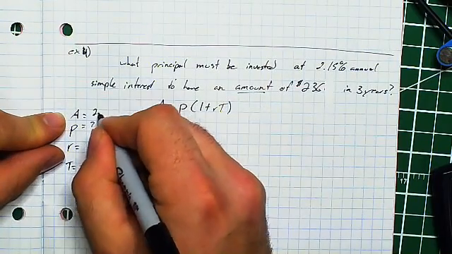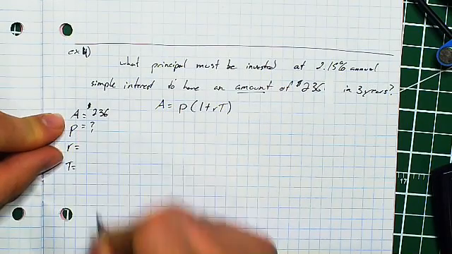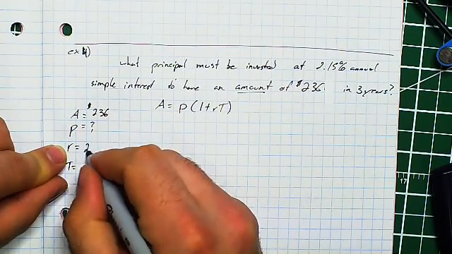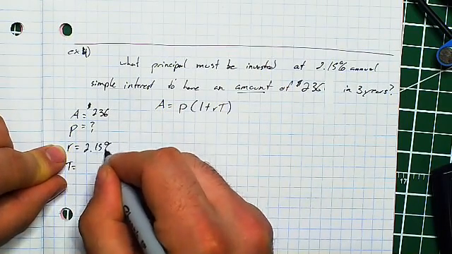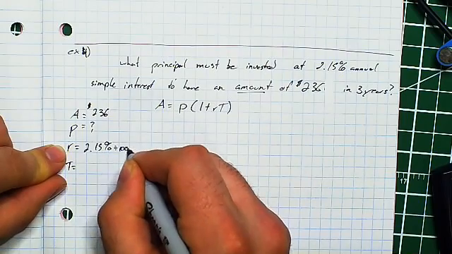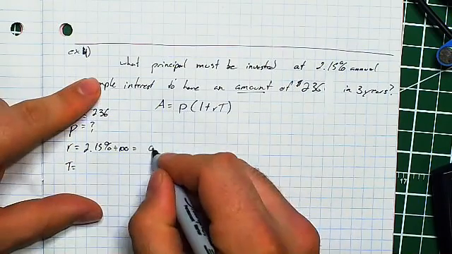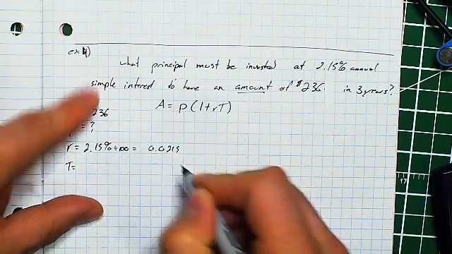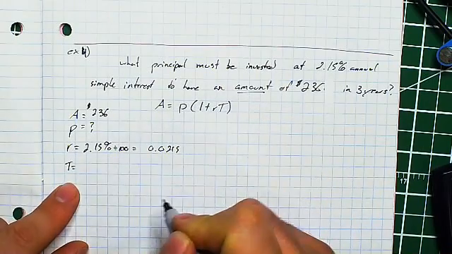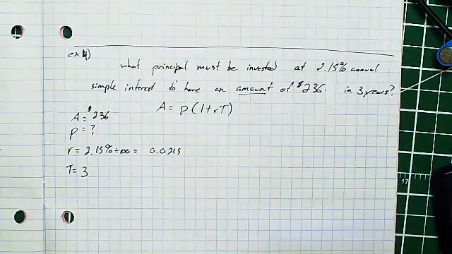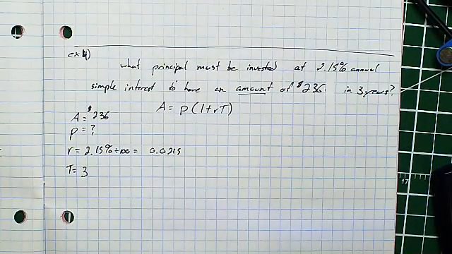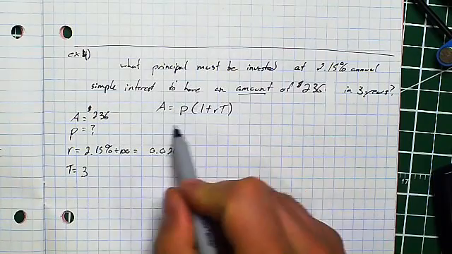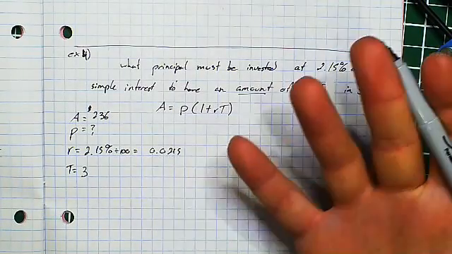We know that the total amount after the 3 years is $236. Our rate is 2.15%. Again, we're going to divide that by 100, which means our actual rate is 0.0215. Our time is simply 3 years.